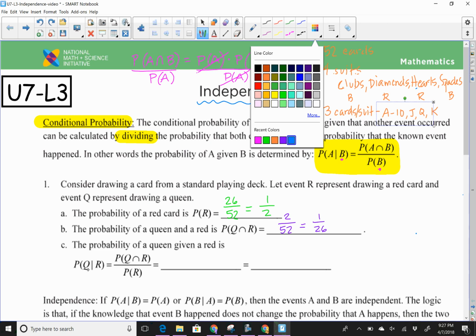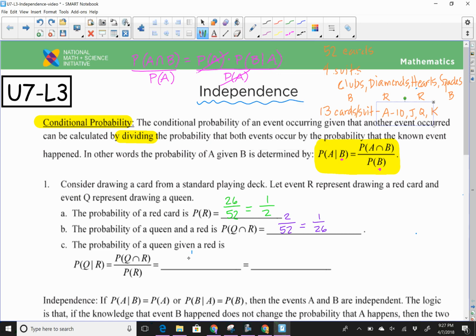This one has the formulas, so we'll fill them in. The probability of a queen given red is the probability of a queen and red, which we figured out was 1 over 26, over the probability of red, which was 1 over 2. If you keep, change, flip, that gives you 2 out of 26, which becomes 1 out of 13.